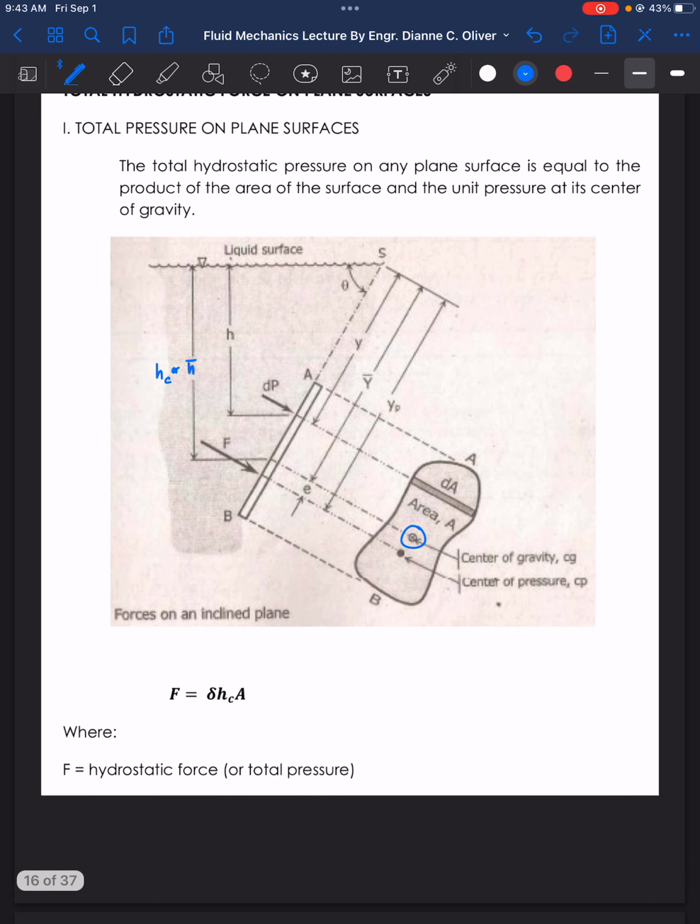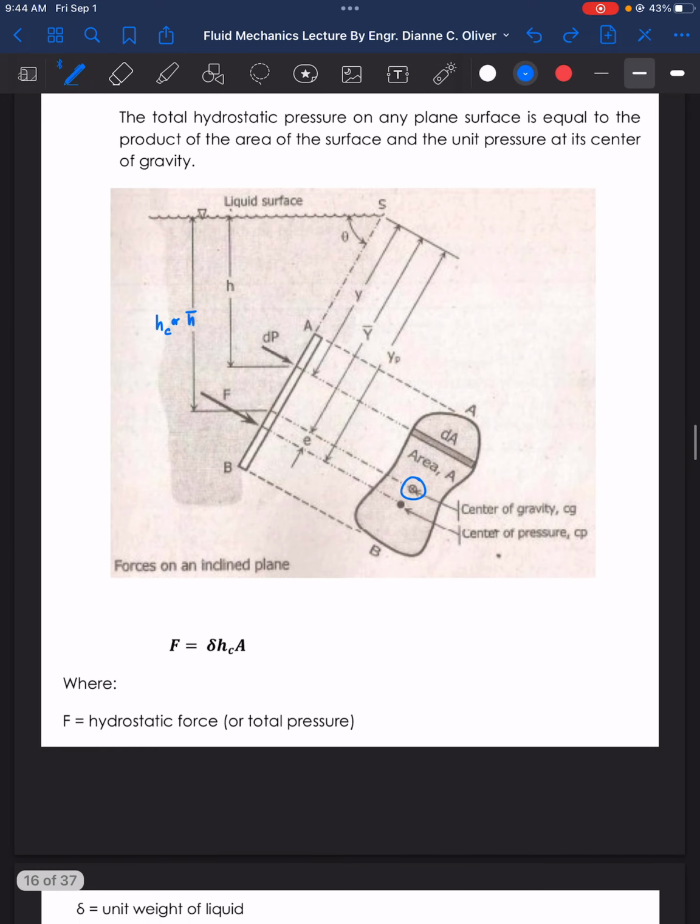And we also need to consider that the area to be solved here is the surface area of the submerged body. In this figure we have an irregular shape, but in our examples, if we submerge regular shapes, then it is easier to get the area of the plane surface.